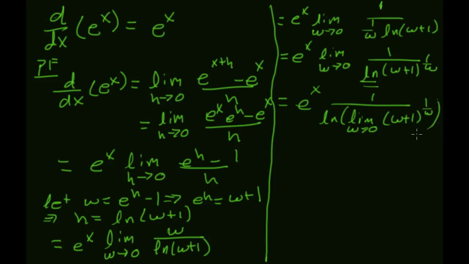Okay, so that's a little weird, right? Lots of work here. So I'm going to carry that to a new page. That's e to the x, 1 over the natural log of the limit as w approaches 0 of (w plus 1) to the 1 over w. So let's copy that onto my new page.